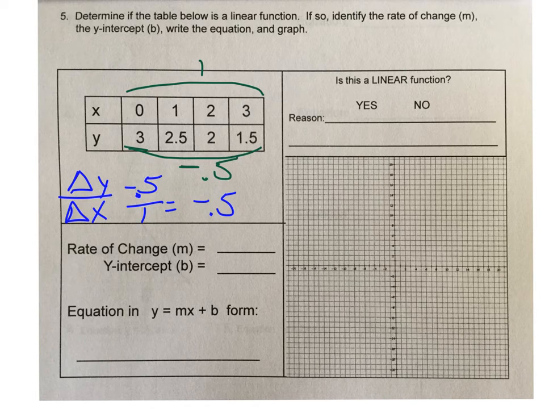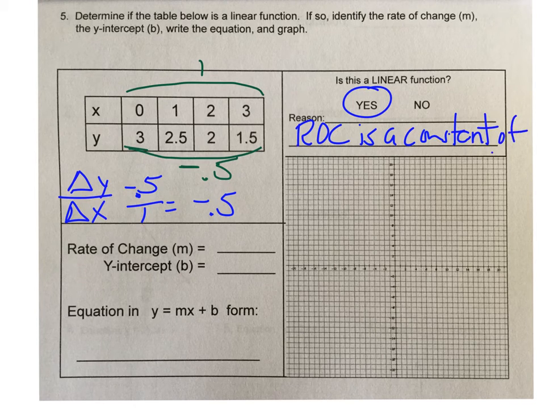So it is linear because it's 0.5 all the way. Yes, the rate of change is a constant of negative 0.5. So let's copy it down here, negative 0.5.